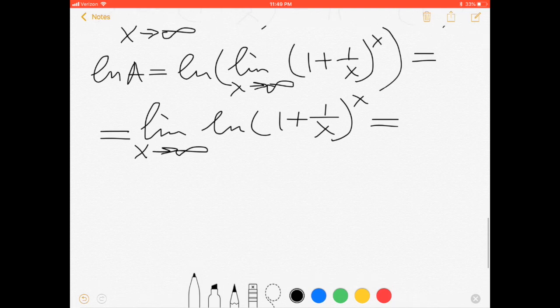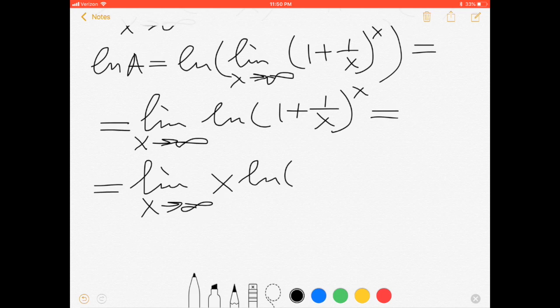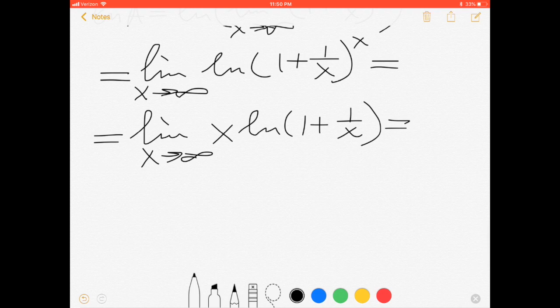Great. What can we do now? Use the logarithmic identity. We can rewrite it as the limit as x approaches infinity of x natural log (1 plus 1 over x). And this one we use the trick we did before.